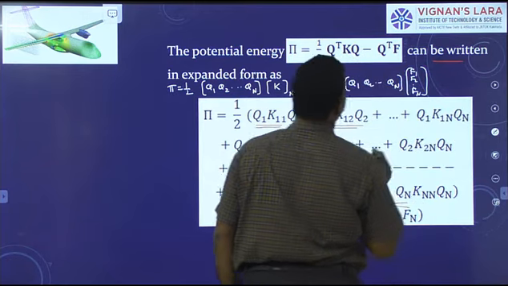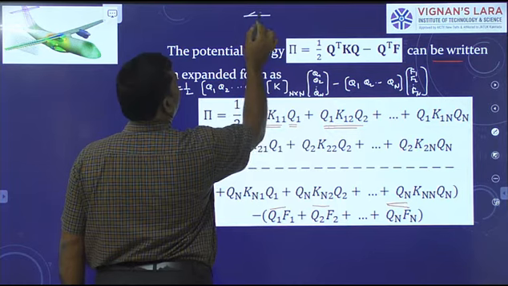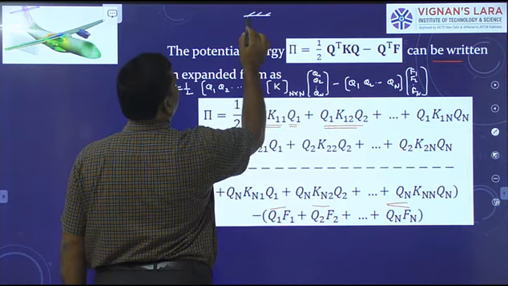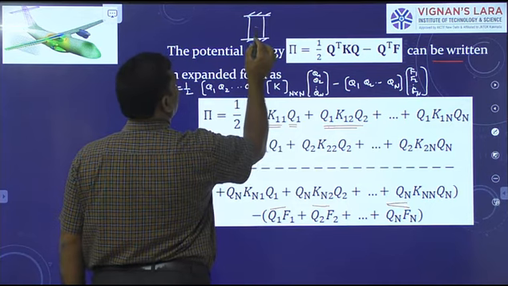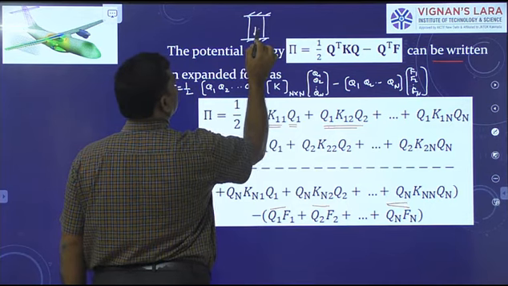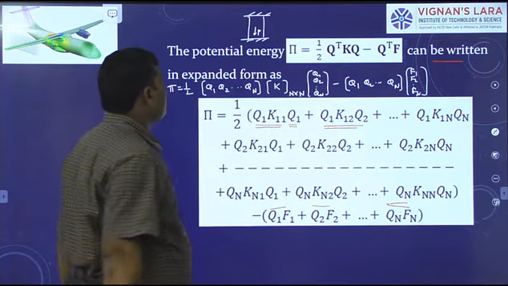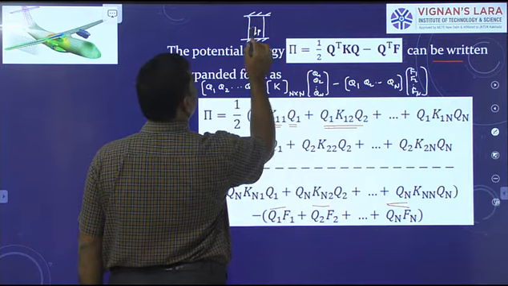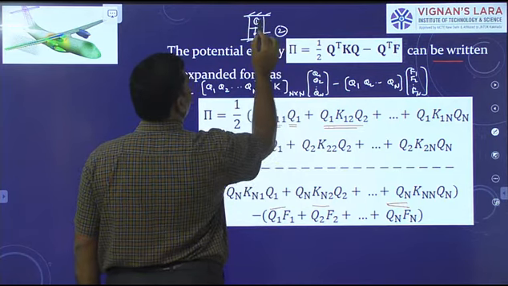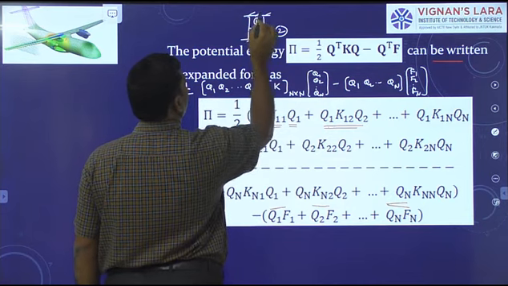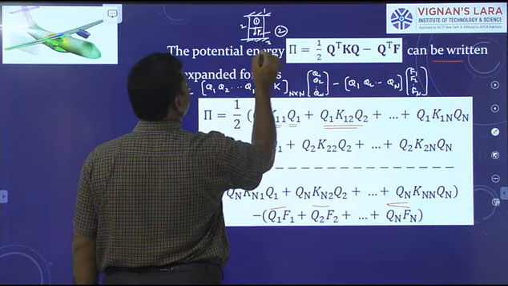There is a solid of uniform cross section like this, with both ends fixed. Now a force P is acting here. Now how many finite elements do you take? Two finite elements. Up to this is one element and this is the second element. This is node 1, this is node 2 and this is node 3.